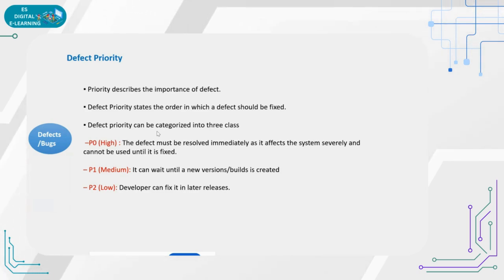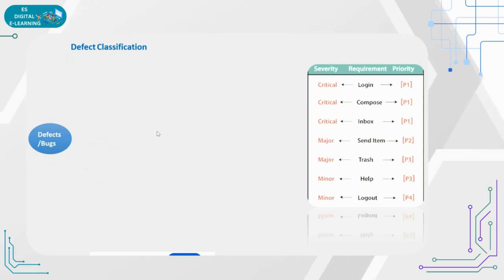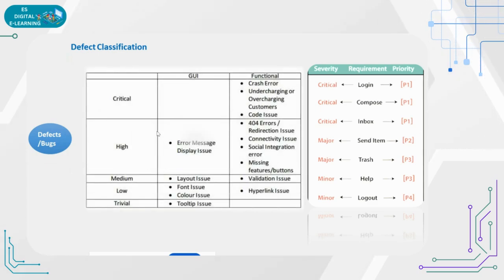And low means developers can fix it in the next releases also. So as we know, these defects are classified into high, medium, low. This is one example, like a crashing function for a customer.